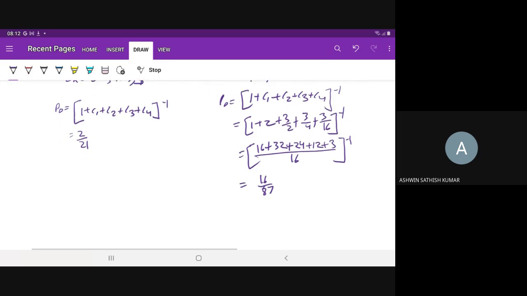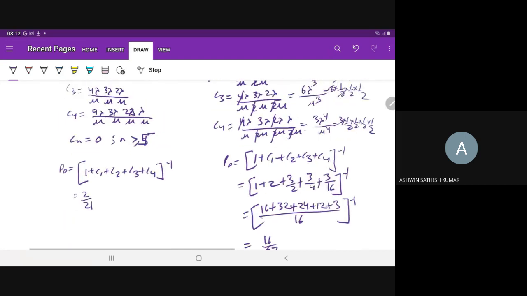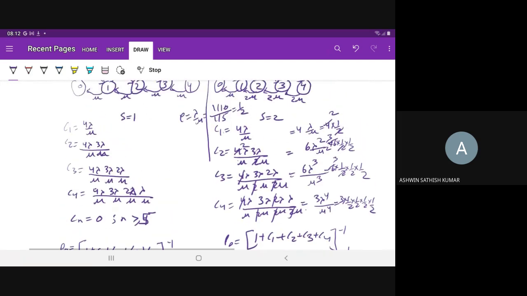So after having this, we can compute P1 is equal to C1 P naught. So C1 P naught, here we have 4 and half, this is 12, half, half. So it is 6, it is 3.